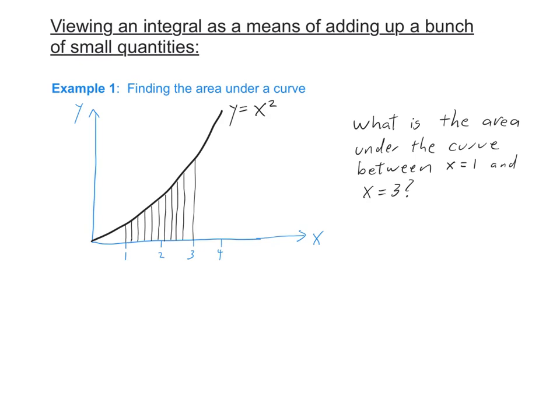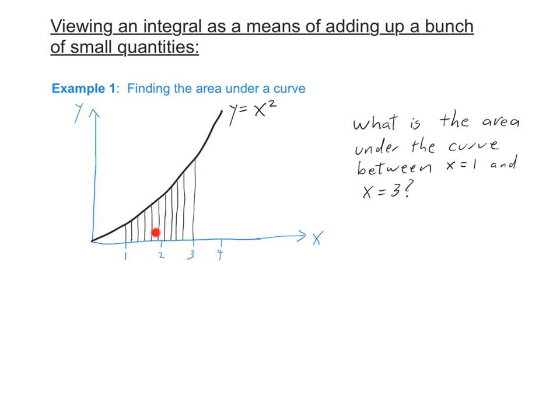So notice here that I've chopped up this whole area into a bunch of thin little slices like that. Now, if I look at one of these slices, like this one here, it's sort of rectangular shaped. It's pretty much a rectangle on these three sides, and then there's a little bit of a curve there. But if I make these slices really, really thin, I can ignore a slight curve there and just say it's approximately a rectangle.